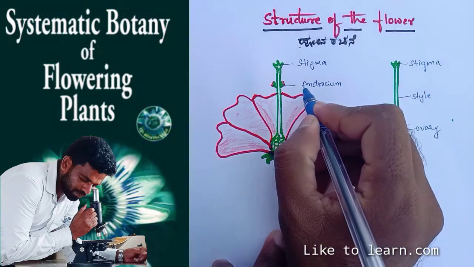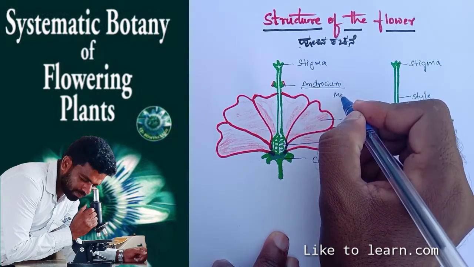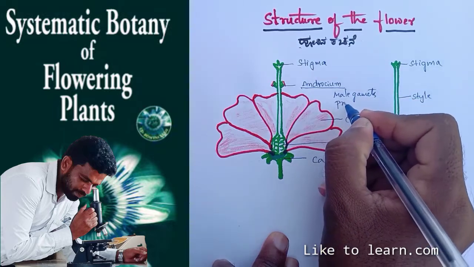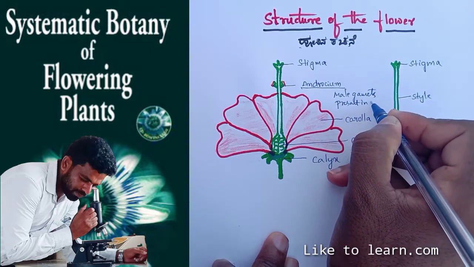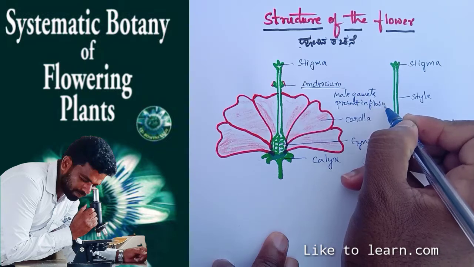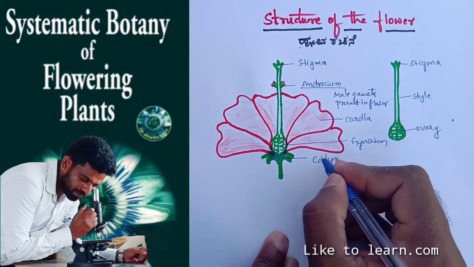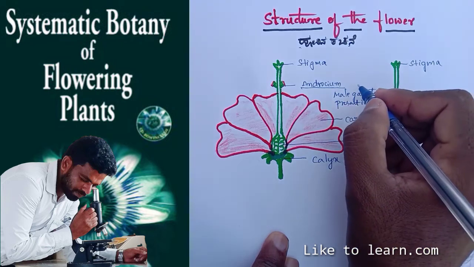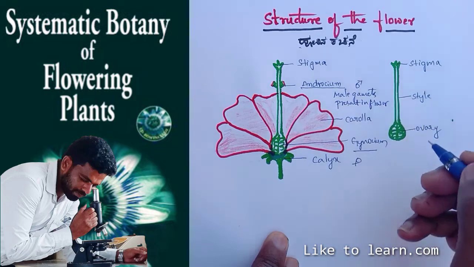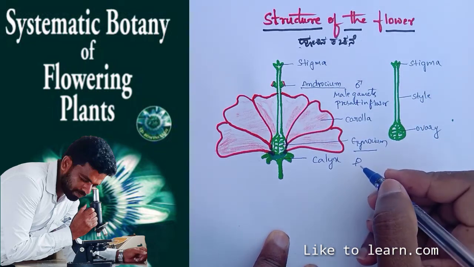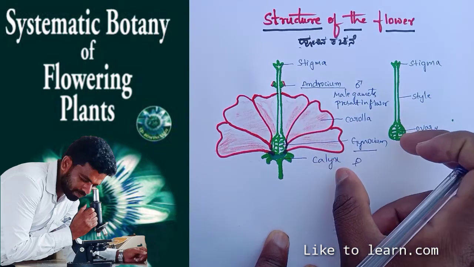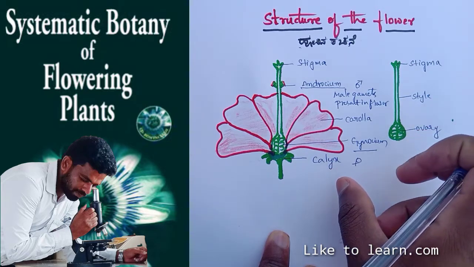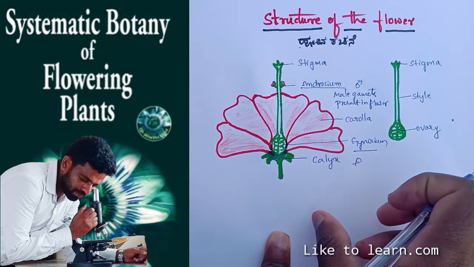See, this is the androecium, the male reproductive part present in the flower. Then gynoecium is the female reproductive part. Because of that reason we say the flower is bisexual. It contains both male and female gametes.